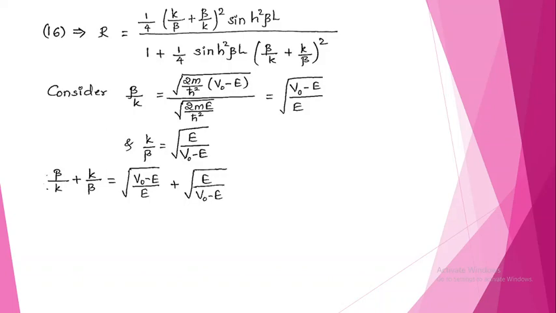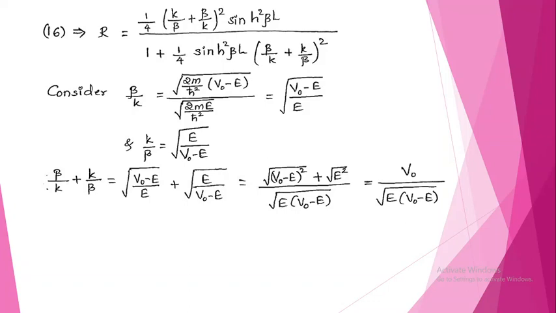When you add it, beta by k plus k by beta will be equal to root of (V naught minus E) whole square plus root of E square, divided by root E into (V naught minus E). Here we have taken the LCM, so further simplification becomes easier.